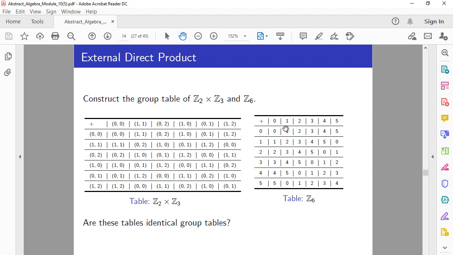So I'm going to map 0 to A0, 1 to A1, 2 to A2, 3 to A3, 4 to A4 and 5 to A5. Similarly, we're going to map 0, 0 to A0, 1, 1 to A1, and this one to A2, A3, A4, A5.